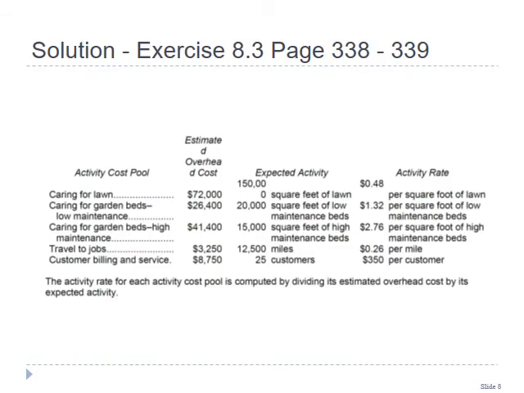So here is the solution. Activity rate 72,000 divided by 150,000, answer is 0.48. For caring for garden beds low maintenance, 26,400 divided by 20,000, answer is 1.32. Similarly, for beds high maintenance, 41,400 divided by 15,000, answer is $2.76.